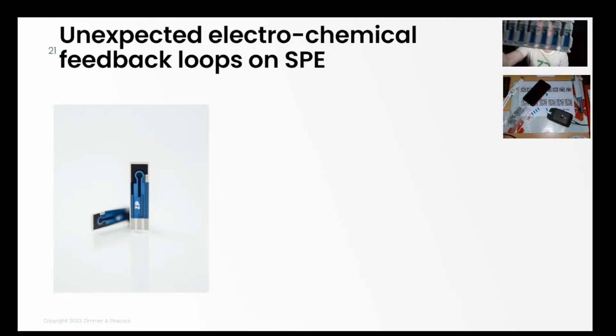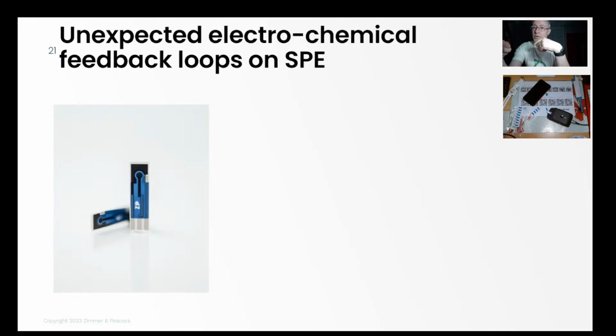Because I use them, or we use them, let's say, in our own products. We make products with these. We ship products all around the world on these. It's actually a feedback loop built into the ZP business model, where I will sell screen printed electrodes, but I actually use them myself. So you can understand that I have a quality feedback built into my systems.